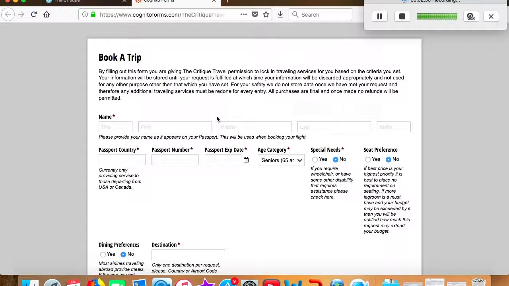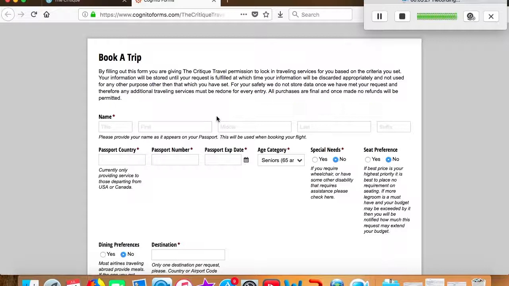If for any reason you decide, in the midst of me searching for your perfect flight and all of that, that you want to cancel your request, then I will give you a partial refund if you decide to cancel for any reason other than, like, if there was a death in the family, you're sick, you lose your job.